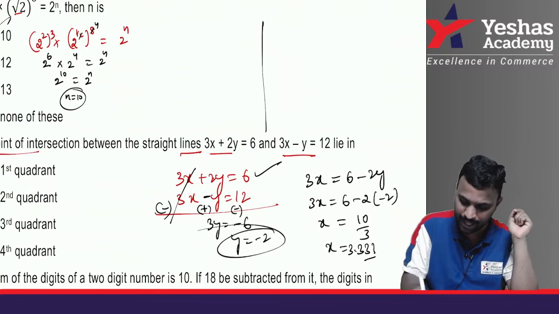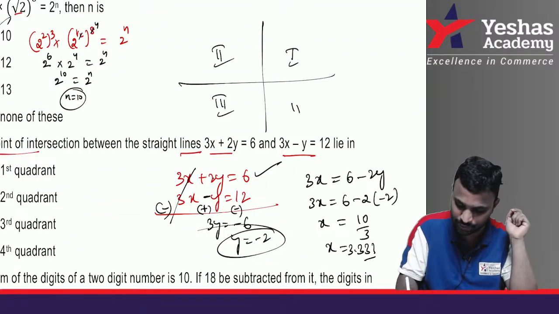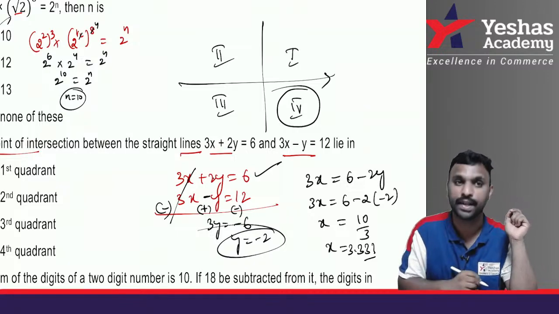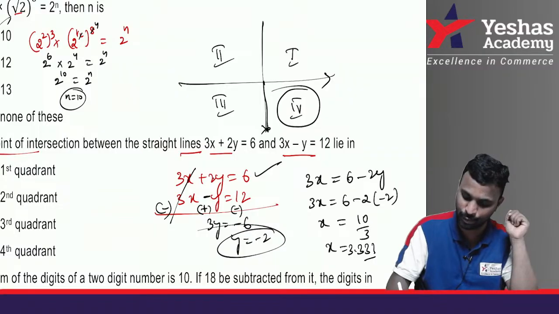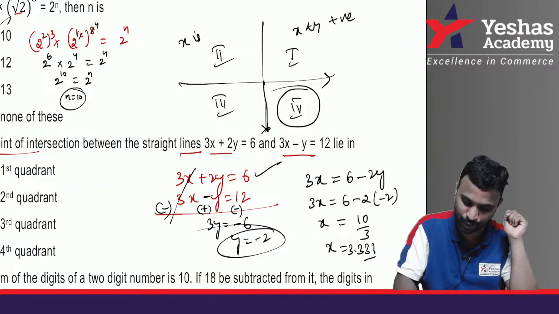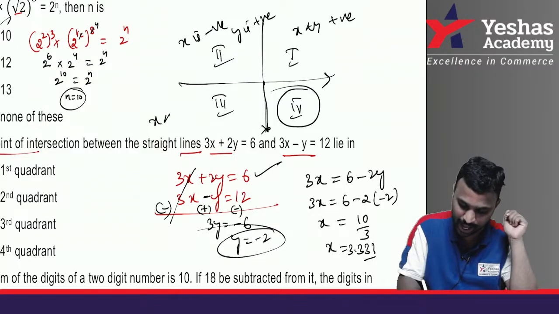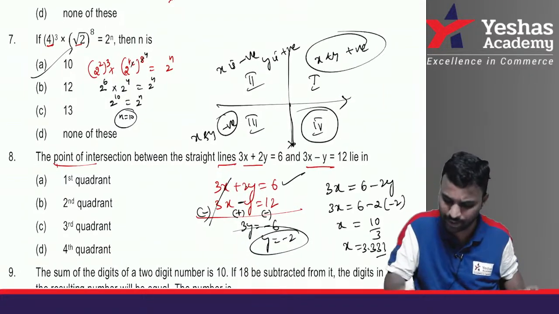Guys, please understand, this is the first quadrant, this is the second quadrant, this is the third quadrant, and this is the fourth quadrant. In the fourth quadrant, x is positive and y is negative. In the first quadrant, both x and y are positive.